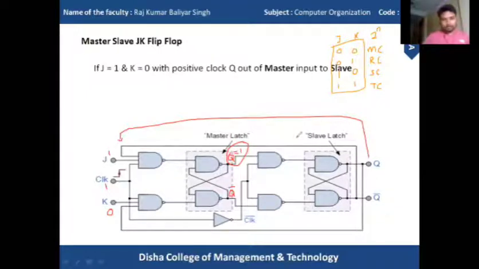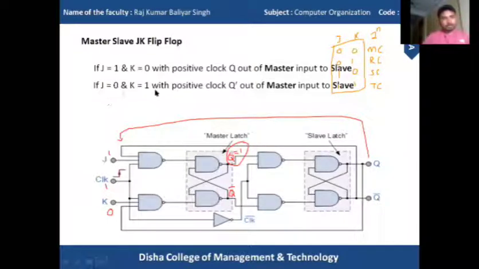Okay, so next case, when J equals 0 and K equals 1 with a positive clock cycle, Q naught output of master is the input to the slave. That means instead of J equals 1, I replace this 1 with 0 and I replace this 0 with 1.